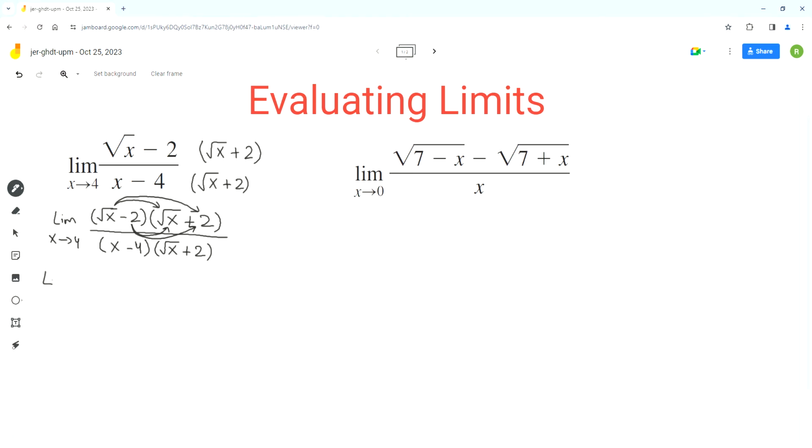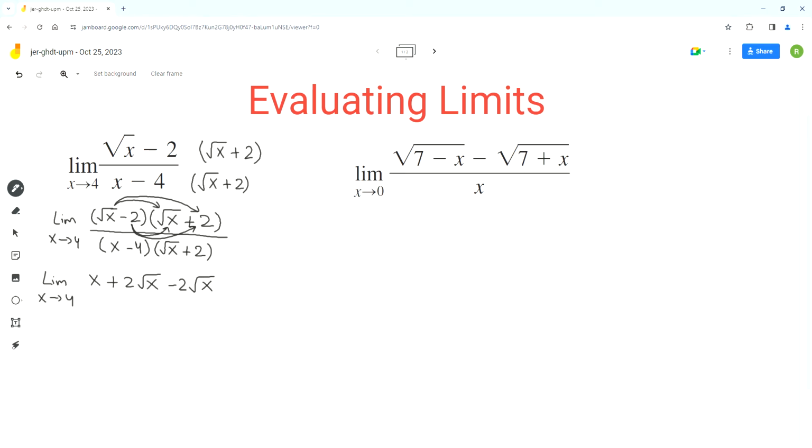So we get limit x approaches 4. Square root x times square root x is x. Then square root x times 2 is 2 square root x. And then negative 2 times square root x is negative 2 square root x.